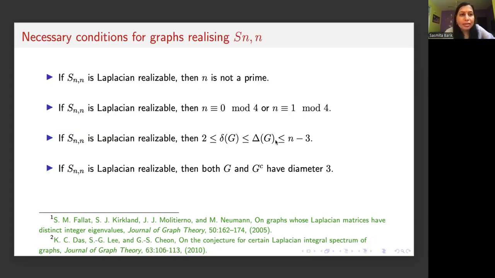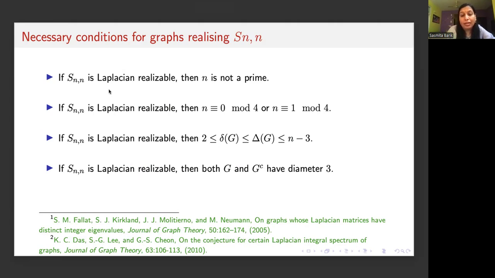When you are thinking that S_n^n is Laplacian realizable, and let's say there is a graph realizable by S_n^n, then basically this spectrum contains 0 to n−1. Okay. You can observe that then n cannot be a prime number, because your eigenvalues are 0 to n−1.